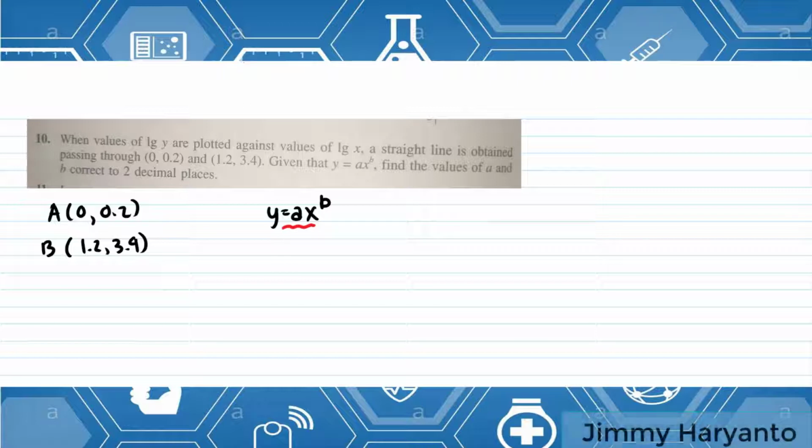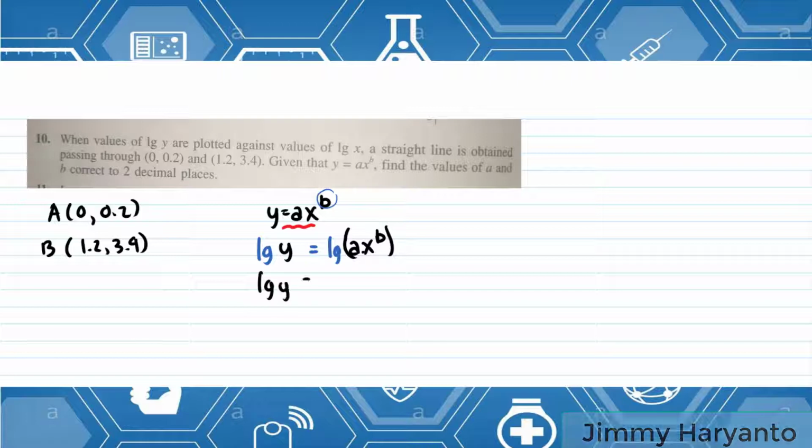How to do that? Because this is an exponential function, we have to use logarithm. So I will write lg on the left side, and then lg on the right side also. We use brackets right here because there is multiplication.